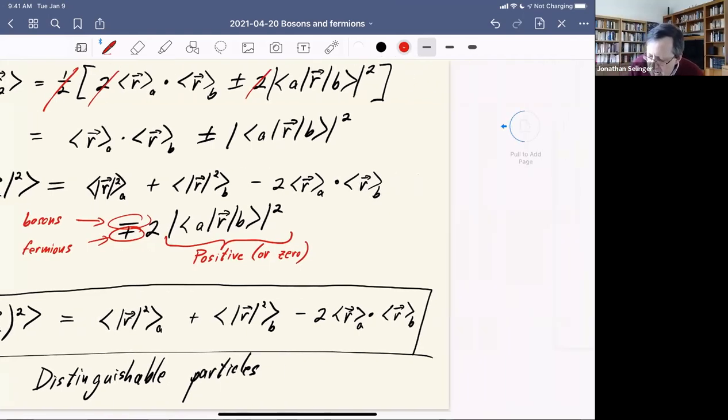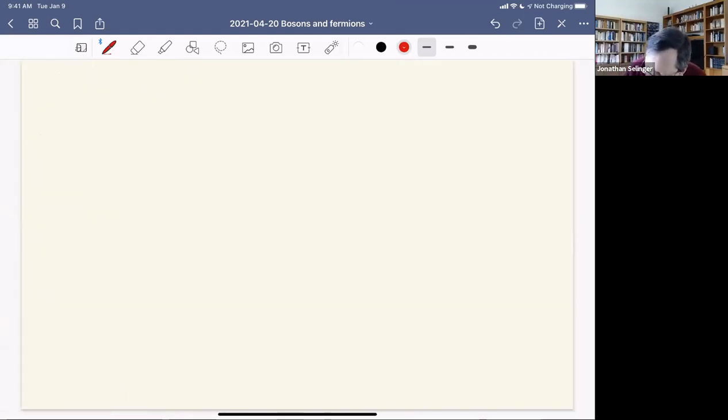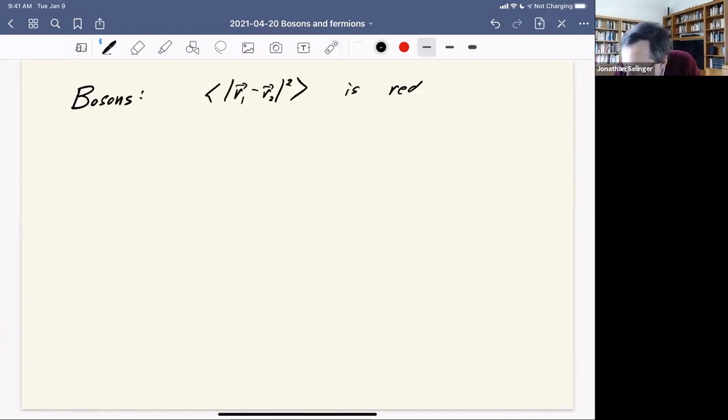Okay, so that means that for the case of bosons, this separation squared is reduced compared with distinguishable particles.